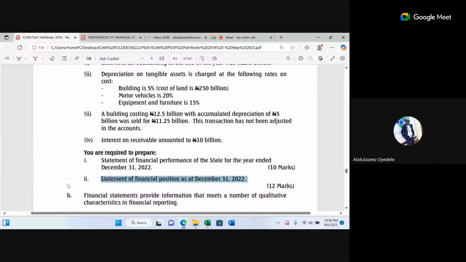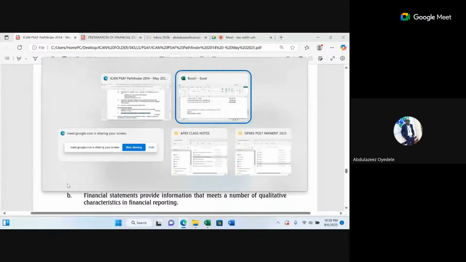So now this one is going to take us a little bit of some tricky calculations, especially for the land and buildings, which involves disposal of certain parts of that asset. So let's go to our workings page.